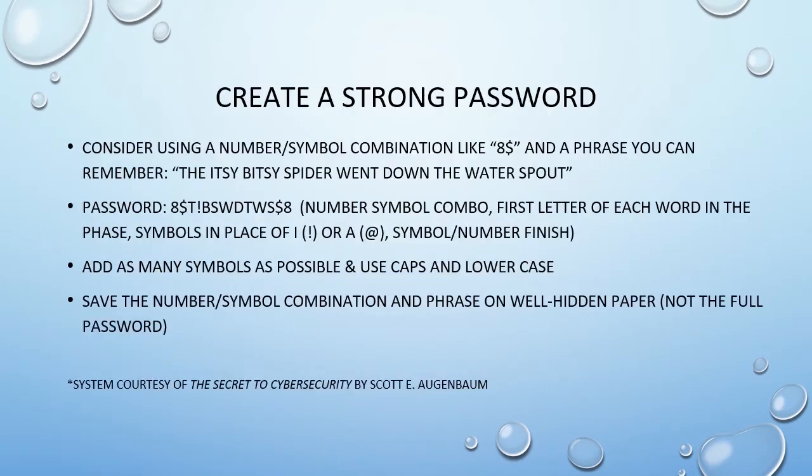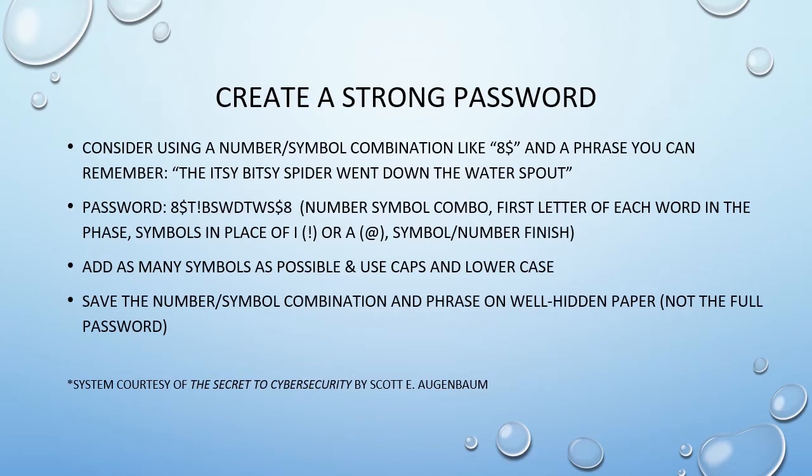There are many systems to create strong passwords, and you need to find the one that works for you. This is an example of one that uses a number symbol combination, such as $8, and a phrase that you can easily remember. The itsy bitsy spider went down the water spout. The password becomes the number symbol combination, so $8, and then the first letter from each word of the phrase.